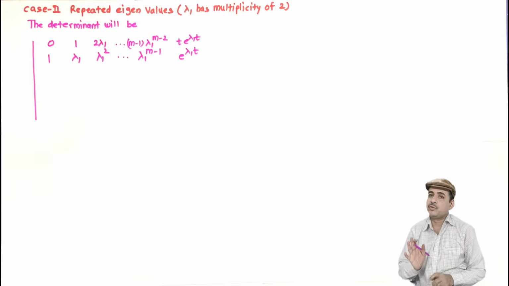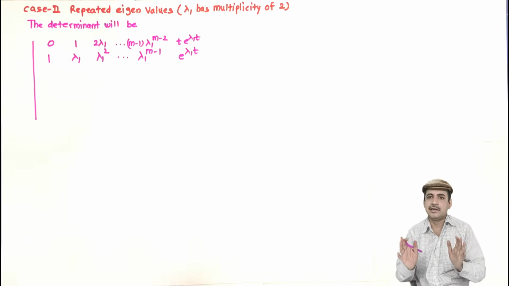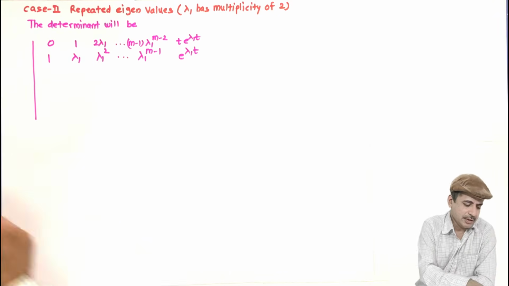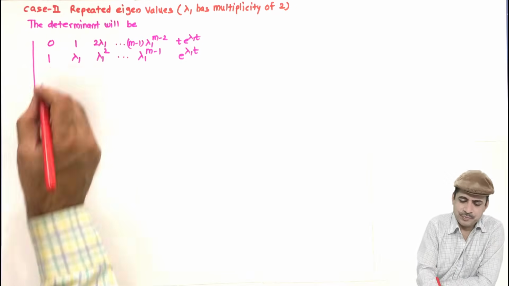We are not differentiating it with respect to t, we are differentiating it with respect to lambda 1, and the remaining are same.